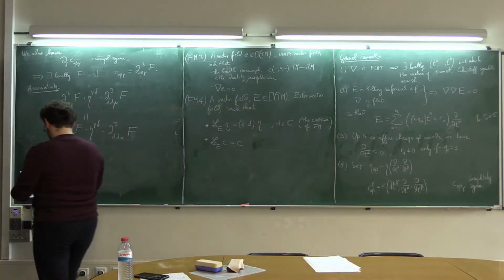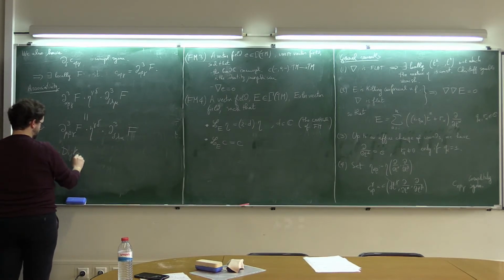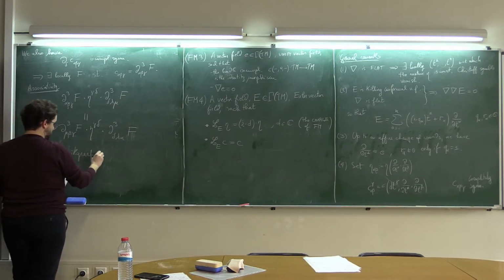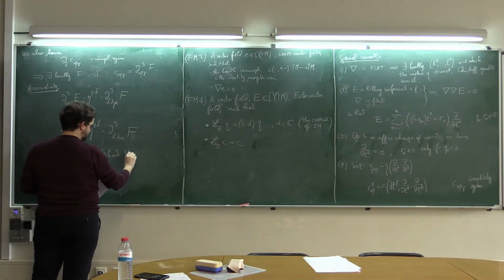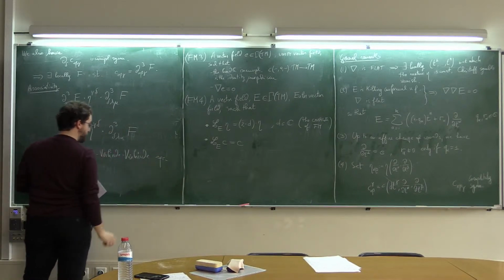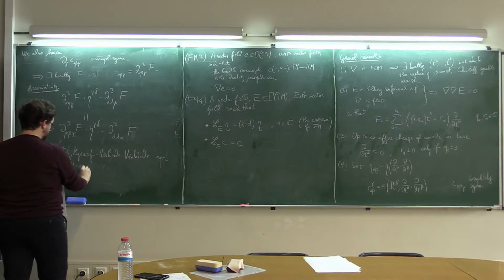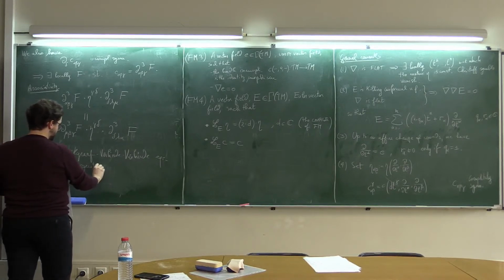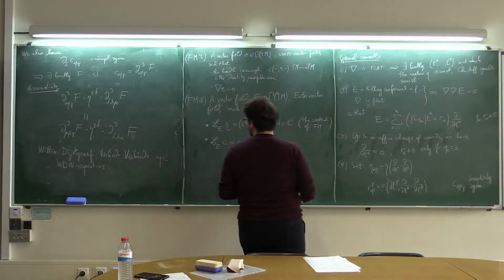These equations are called Witten-Dijkgraaf-Verlinde-Verlinde associativity equations, shortly WDVV equations, and these are equations which rule the whole geometry of Frobenius manifolds.